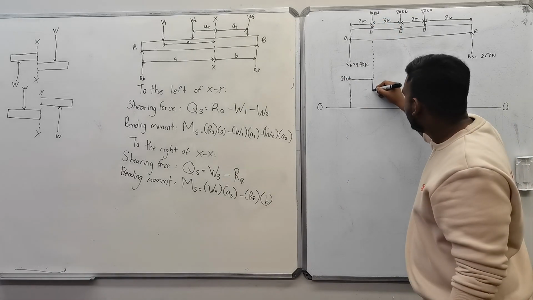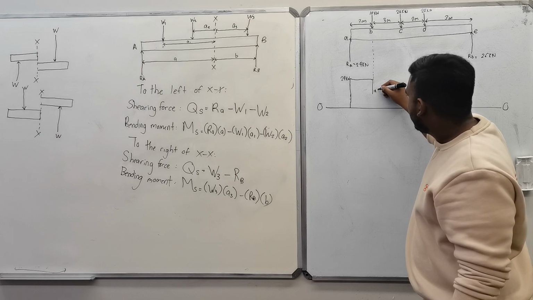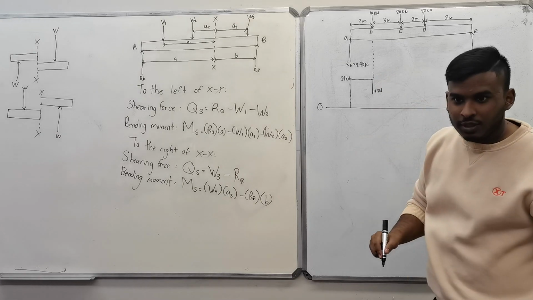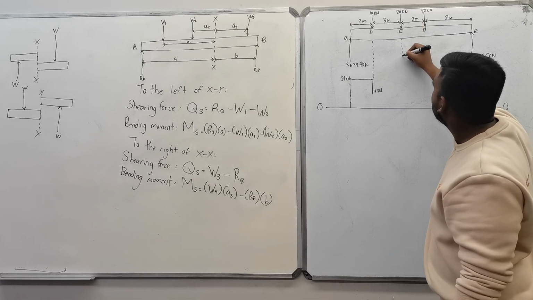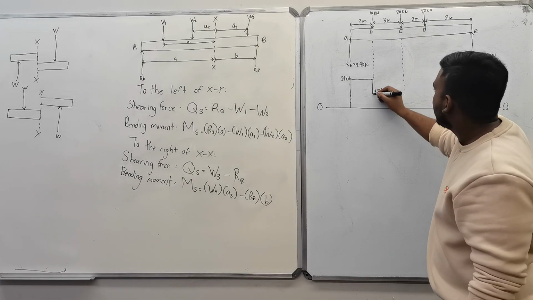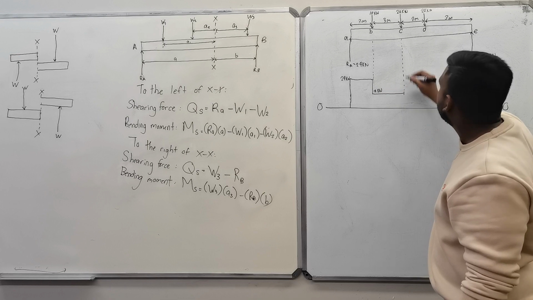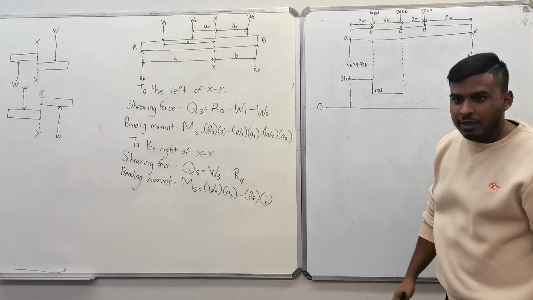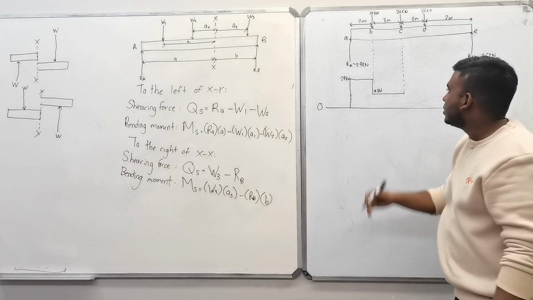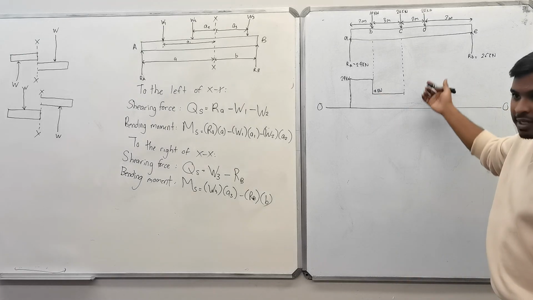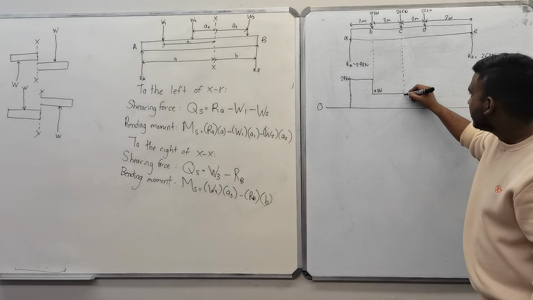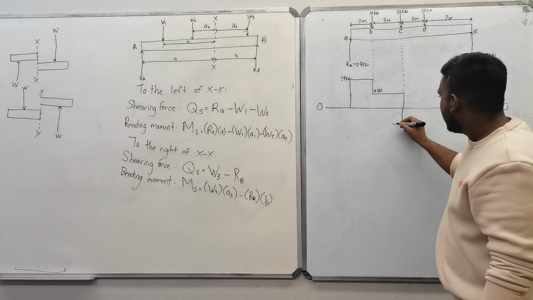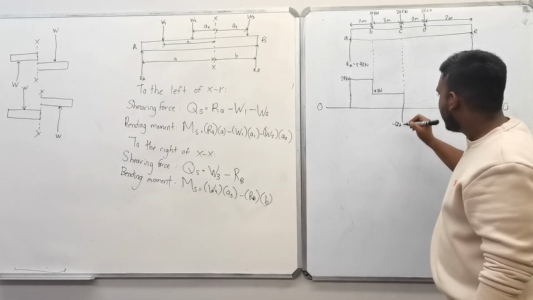So it will move down to 14 kilonewtons. It carried on for another 3 meters until it had 20 kilonewtons applied to it. So you'll say 14 minus 20, which would be minus 6 kilonewtons.